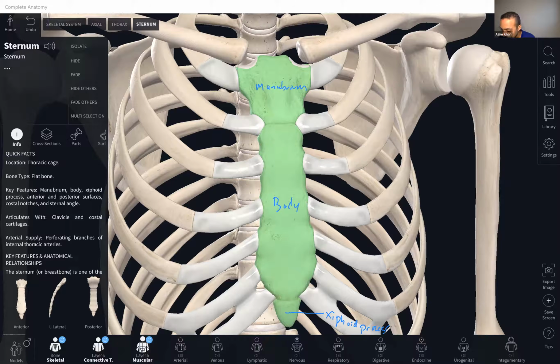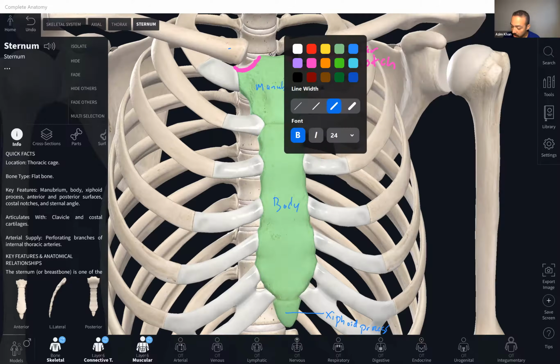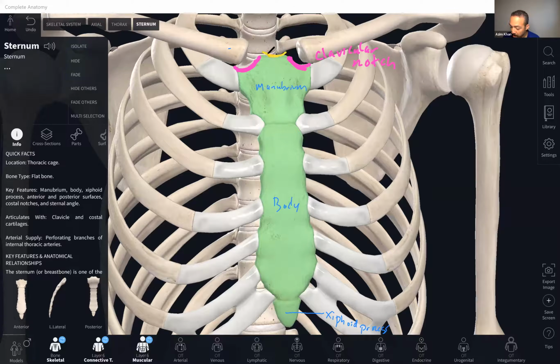You can see the clavicle articulating here and here on the manubrium. That is the clavicular notch on either side. The jugular notch is this portion up here. And the sternal angle, which you can't really appreciate from this view, would be at this junction between the manubrium and the body.